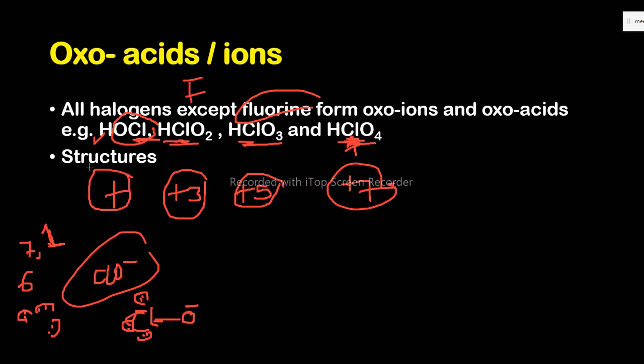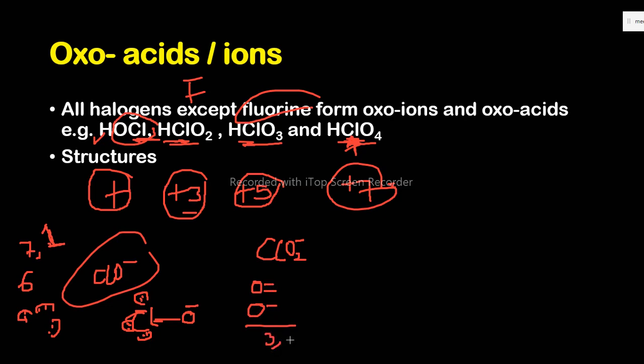If it is the acid, then you just put the OH here. Then for chlorite, you can see it is ClO2 minus. Now one oxygen has used 2, and the other one has used 1. So you've used a maximum of 3 electrons.